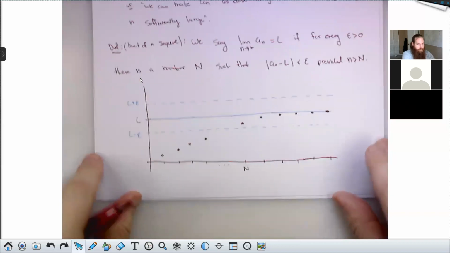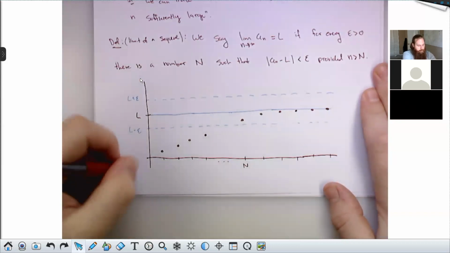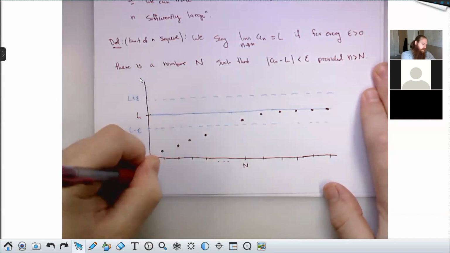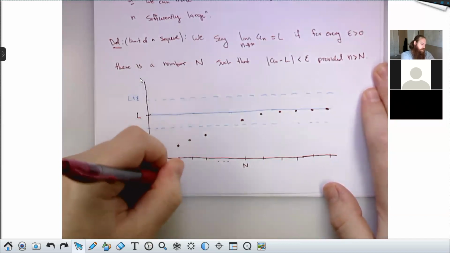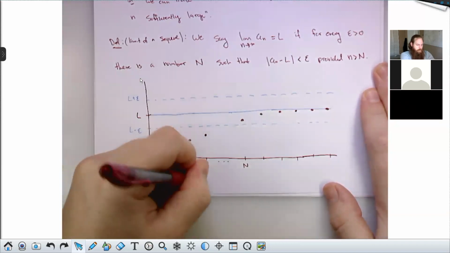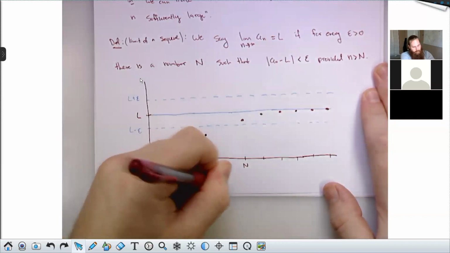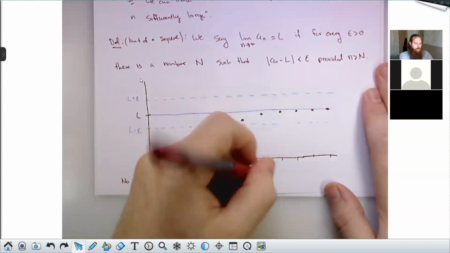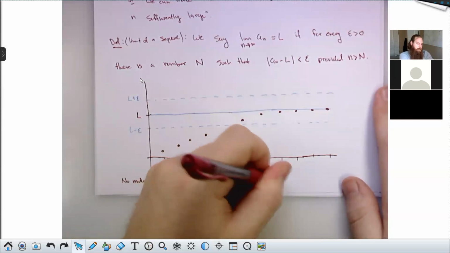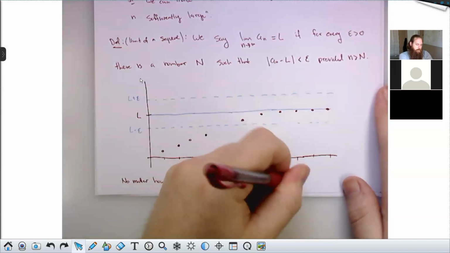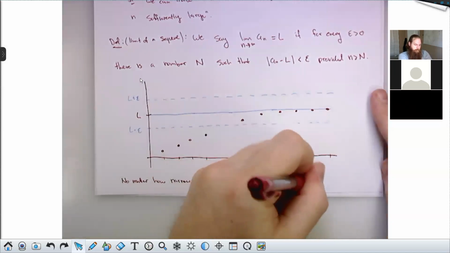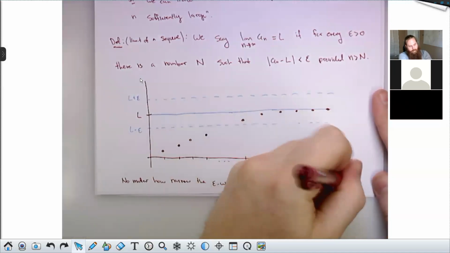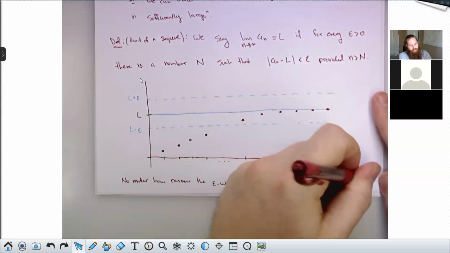So, a third way of thinking about it: no matter how narrow the epsilon window is, all but finitely many terms are inside it.